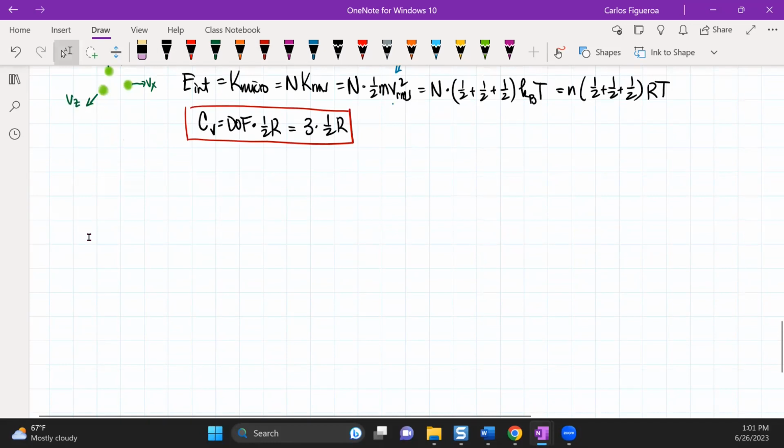Let's go to diatomic, right? So if I look at diatomic gases, what do we see here?